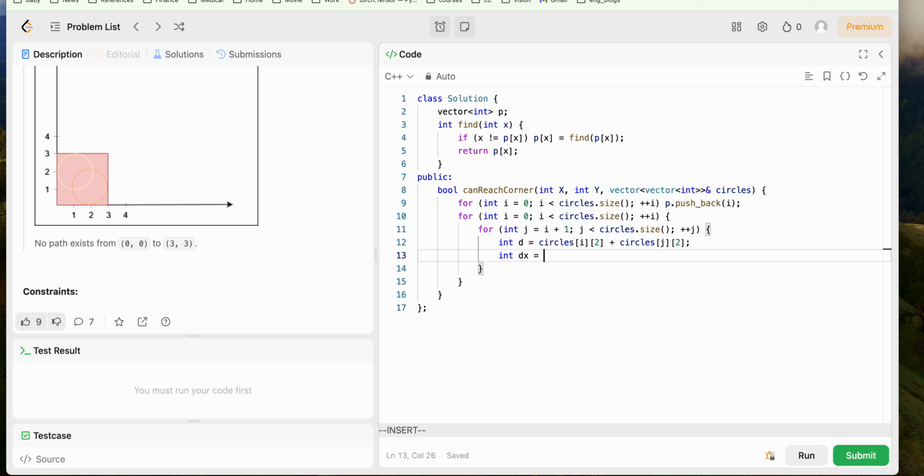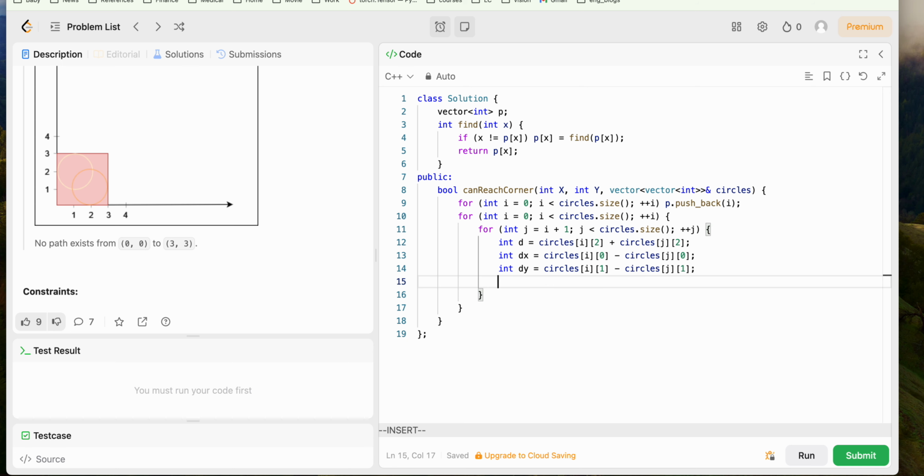Then we have dx, which is circle i 0 minus circle j 0. And we have dy, the difference in the y position of the centers, circle i 1 minus circle j 1.